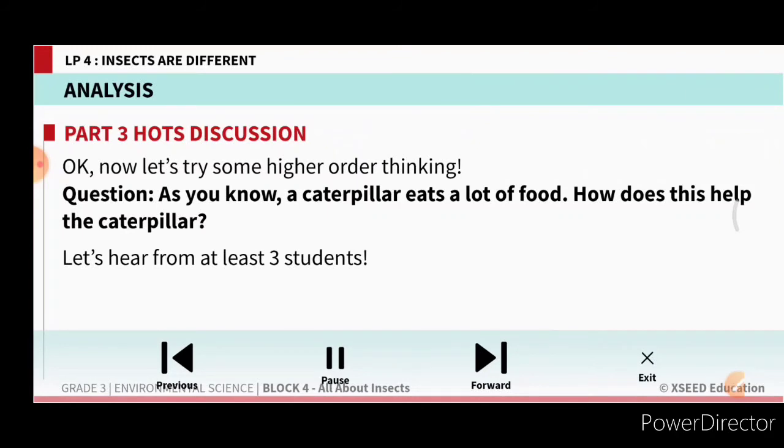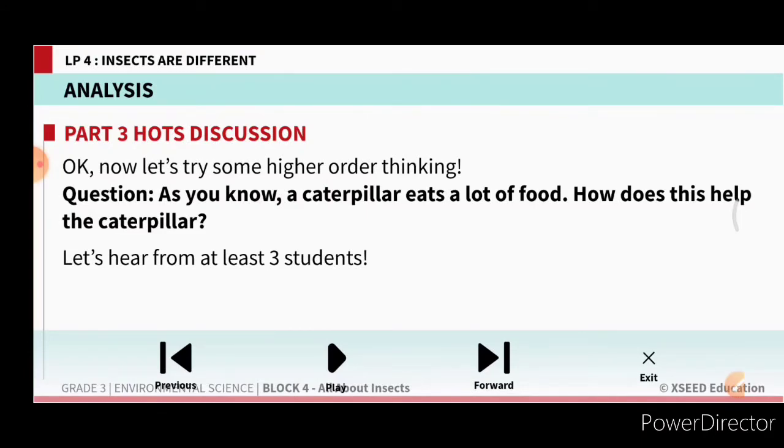As you know, a caterpillar eats a lot of food. How does this help the caterpillar? We already discussed, right? When the insect is in the larva stage, especially the butterfly, it eats a lot of leaves, a lot of food. Why?